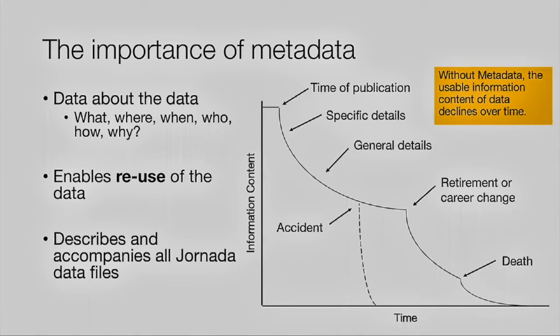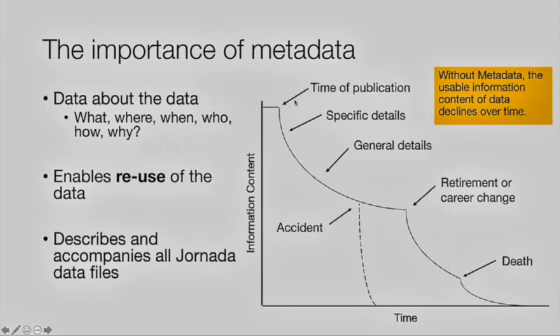Every Jornada data set comes with metadata. Metadata are data about the data. So they include information on what was collected and using what units, where the data were collected, when, by whom, and other details. Metadata allows reuse of a data set.